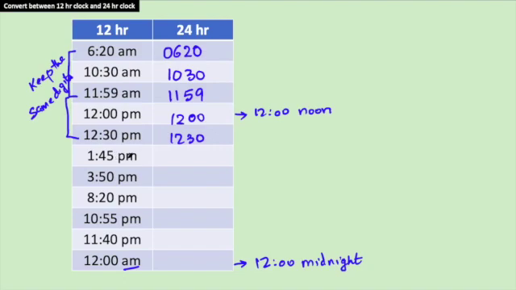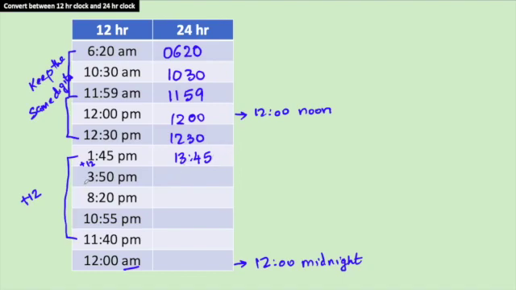Now, this is the second note that we have studied. Whenever we have PM, we need to add 12 to the digit in the hours place. So add 12. 1 plus 12 is 13. So we can write 13:45. Remember, don't write AM or PM.